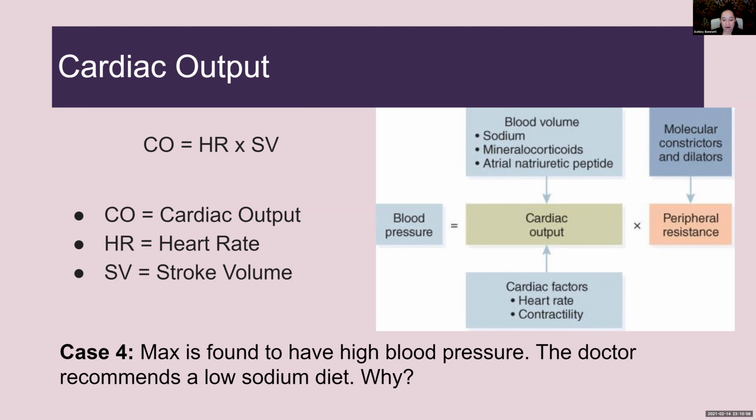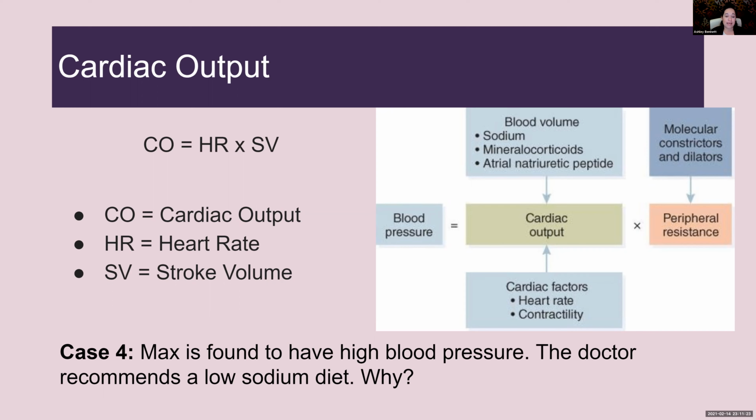So Max is found to have high blood pressure, and the doctor recommends a low sodium diet. Why? This is related to the idea that fluid follows salt. In addition to the sympathetic nervous system working on your stroke volume, the other thing that works on your stroke volume is just having more volume in the system.